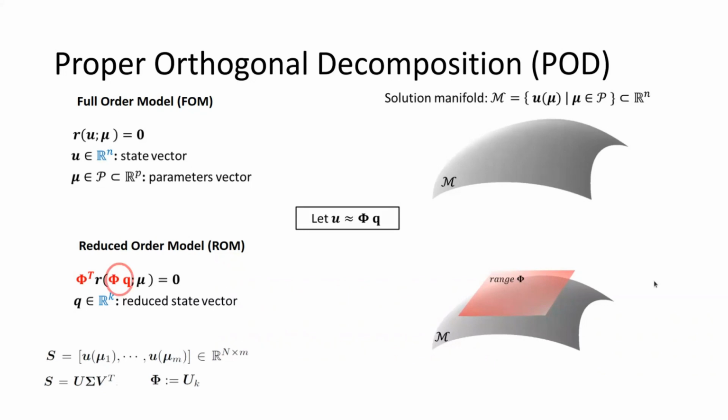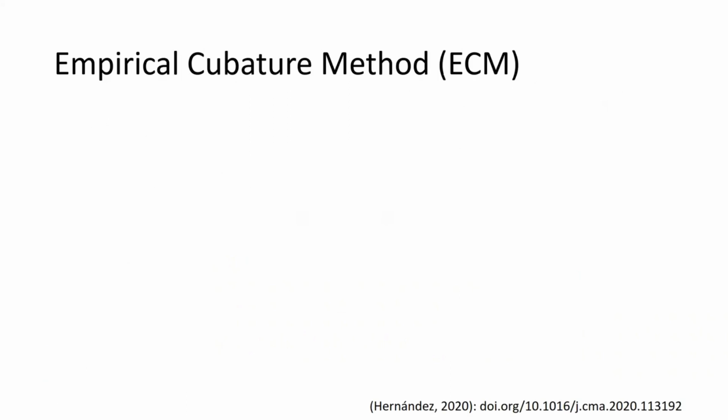But we know, of course, this term here is still high dimensional, and we want to hyper-reduce it. The way we hyper-reduce, I think over here you probably use the empirical interpolation method, or its discrete variant, but we use this empirical cubature method, which basically says, since we're working in finite elements, we have a number of elements, and then we have this expression that I showed before, the projected residual.